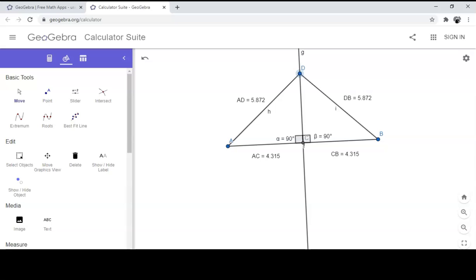So we worked with proving triangles congruent last semester, right? And here we have AC and CB congruent. That's one pair of sides. We have a right angle in both of them. And we have CD, sorry if it's unclear, CD congruent to itself.